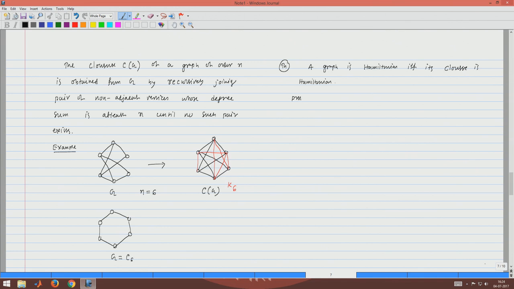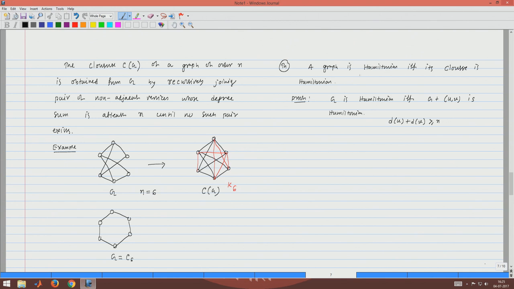The proof is very simple, because when we add a new edge, this is coming from the previous theorem that G is Hamiltonian if and only if G plus UV is Hamiltonian, where we know that U and V are two non-adjacent vertices in G, and they satisfy the condition that degree of U plus degree of V is greater than or equal to n, where n is the number of vertices in G, and this is the condition for adding a new edge UV in the closure.